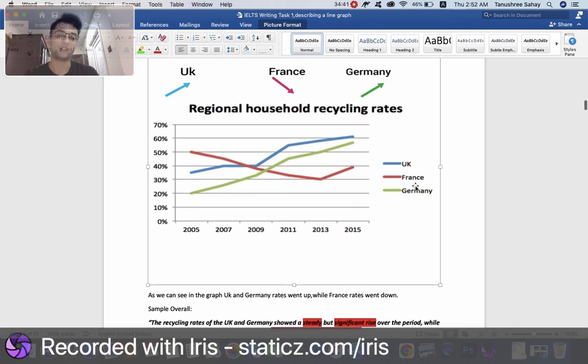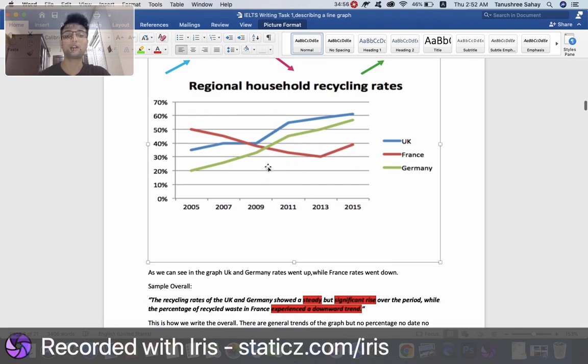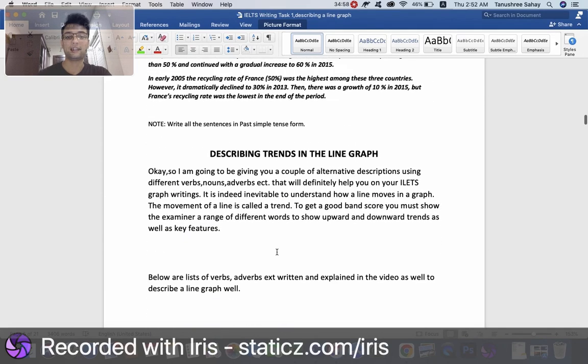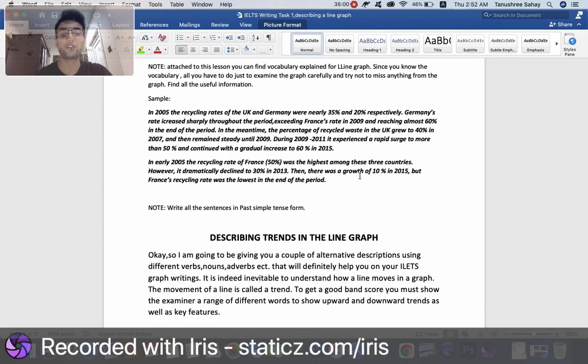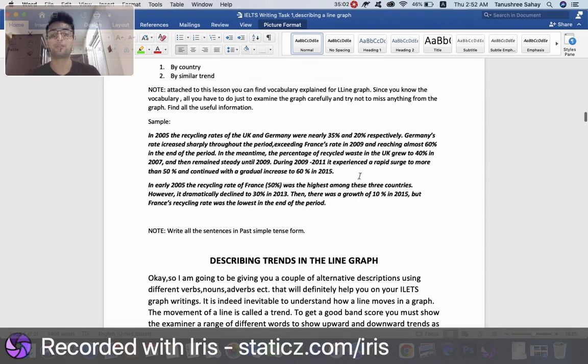as you can see, France is going down, all the way down, and it has a little increase in movement in 2013 up to 2015. Here they have a cross. So exceeding means that it goes over it, and it increased in 2009, reaching almost 60% at the end of the period.